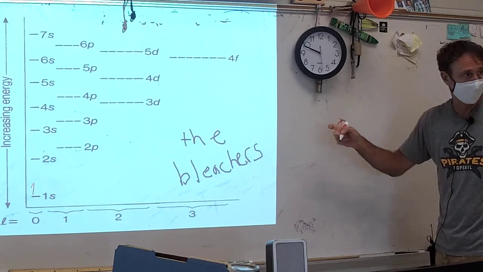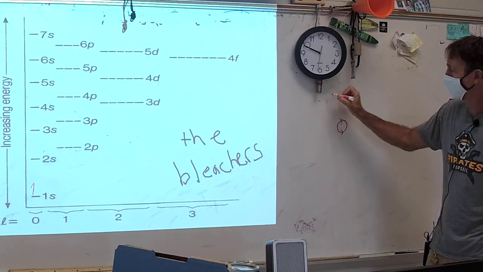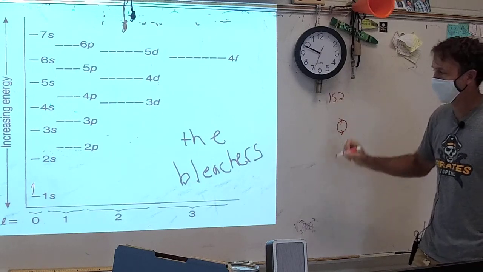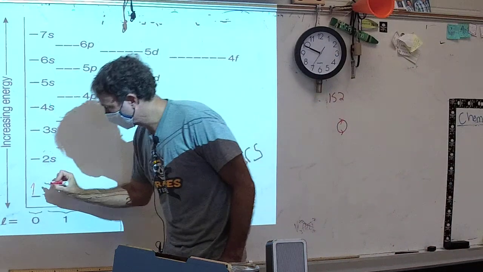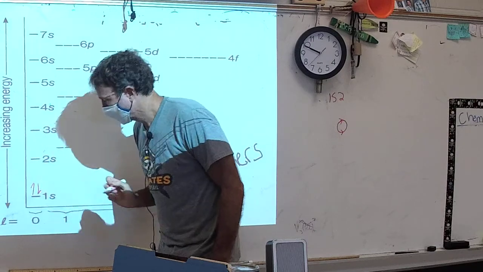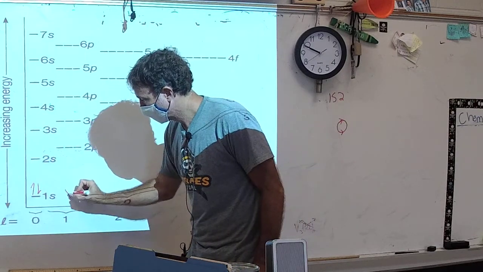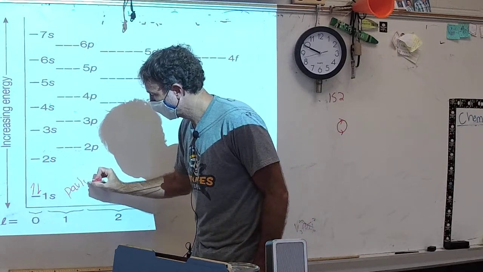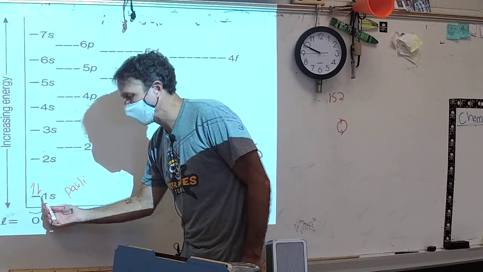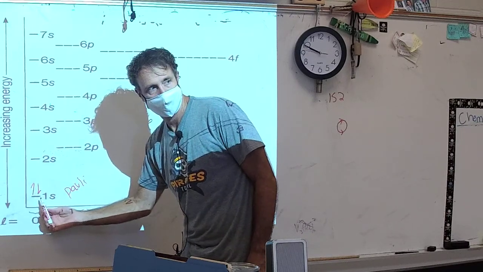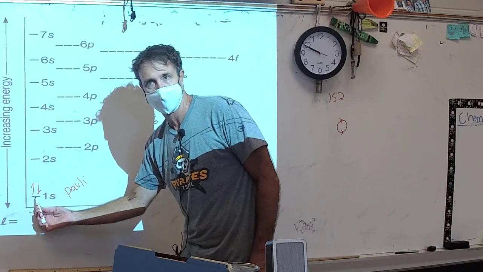If we were writing this as an Aufbau sequence, we would be at 1s2. Here is the second one. Now, Pauli said that these electrons are going to go in opposite directions and only two can fit per orbital.